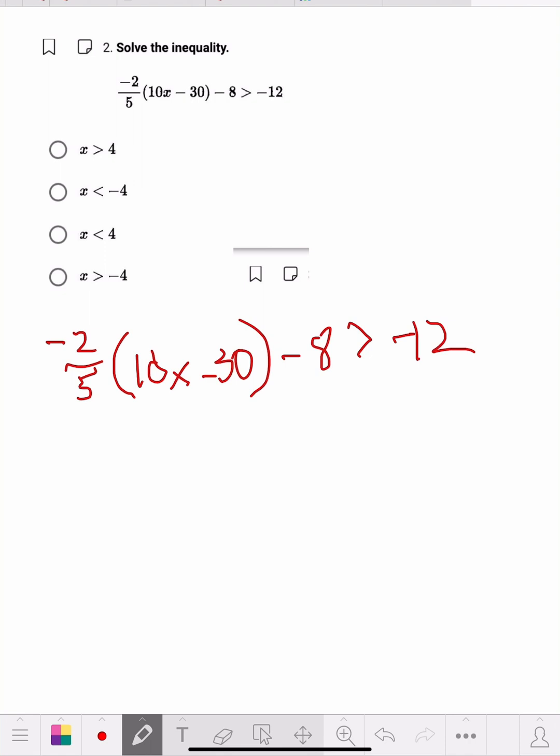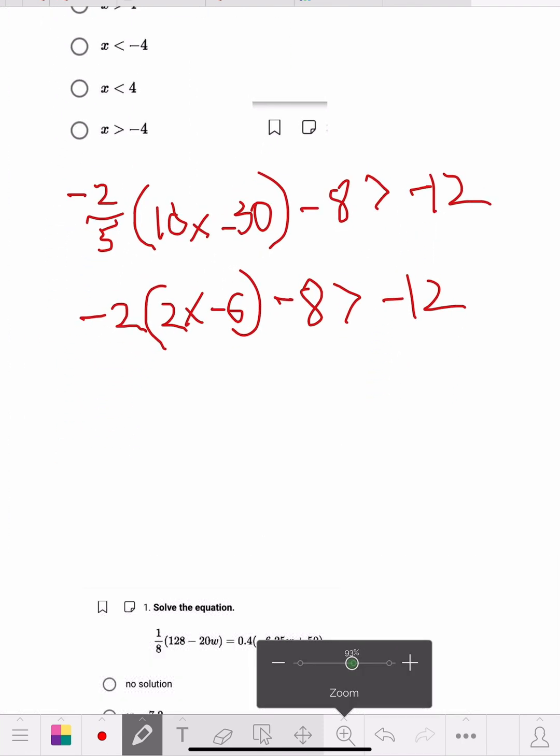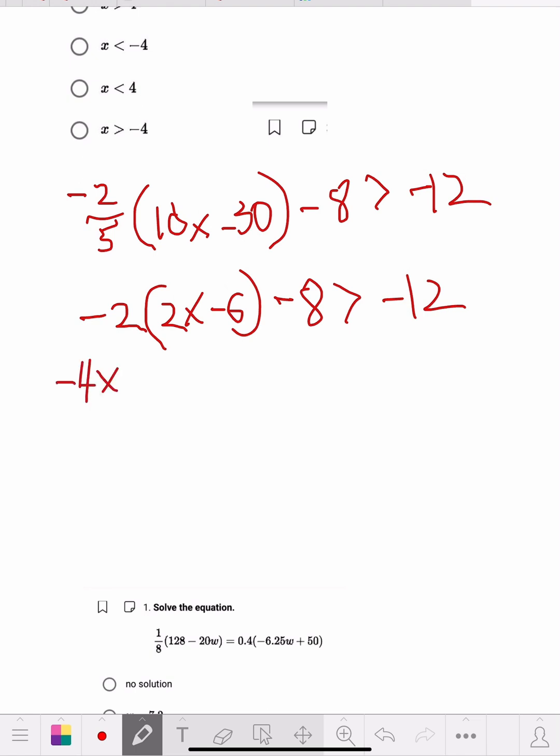If we divide this first one by 5, okay, we're going to get negative 2 minus 6 minus 8 is greater than negative 12. Now we remove the parentheses, okay? So we come down to negative 4x plus 12 minus 8 is greater than negative 12. Yeah, we just keep working down.